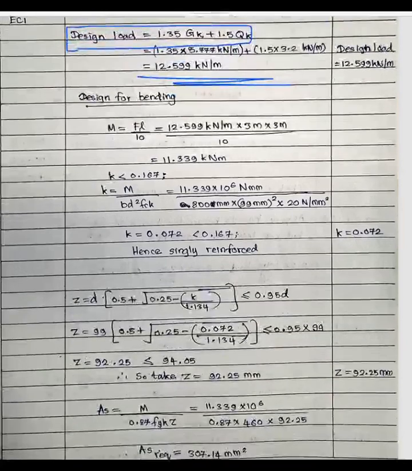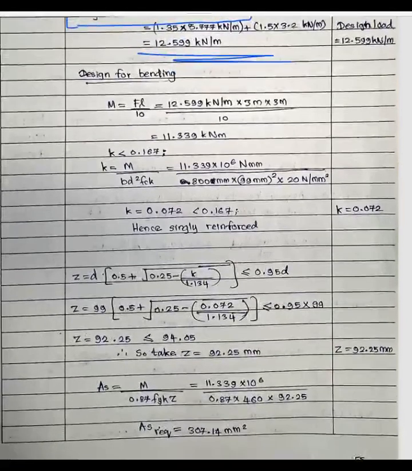After that we want to design for bending. In the bending design, we want to find the bending moment. For that we take a value according to the Eurocode moment table.